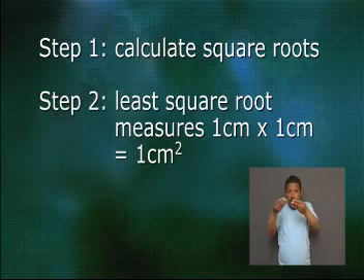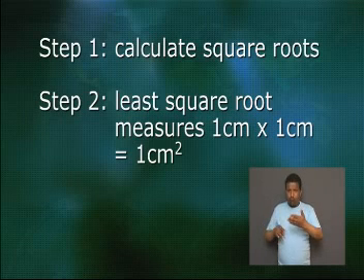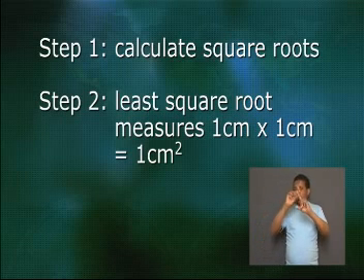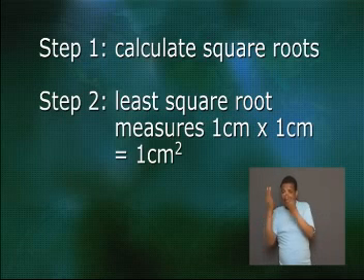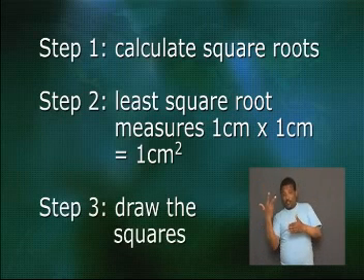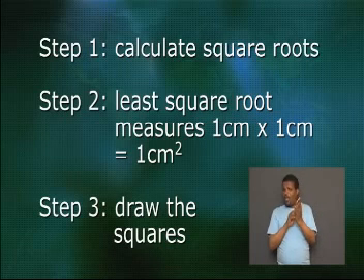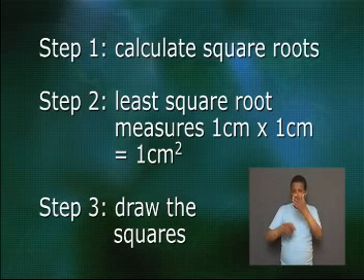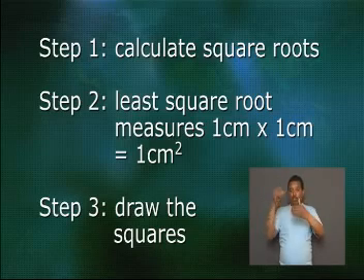In step 2, you let the least square root computed represent a side of the square that measures 1 centimeter times 1 centimeter equals 1 centimeter squared. In step 3, you compute the side of the values in ascending order and draw the squares using the computed square roots.